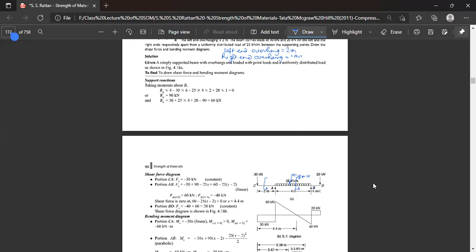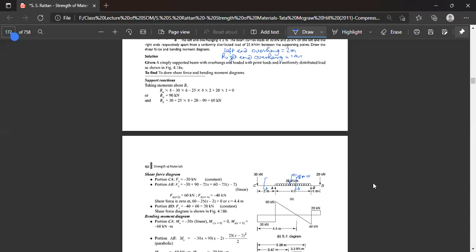So that becomes plus 90, and the distributed force acting is 25 multiplied by x minus 2.